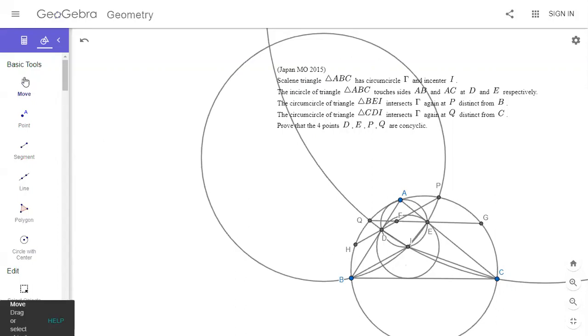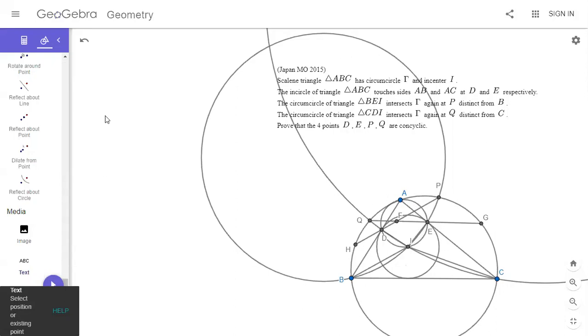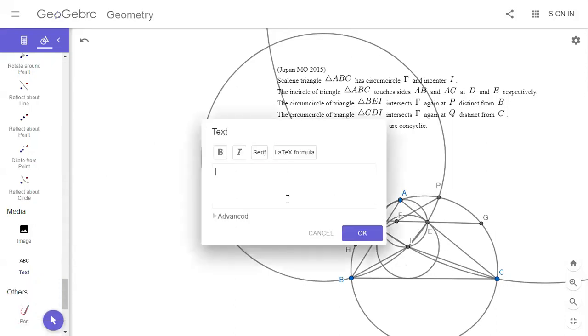Okay, so first I'll calculate angle PQD, as you mentioned. So we have angle PQD is equal to PQC plus CQD, which is plus 180 minus angle CID.